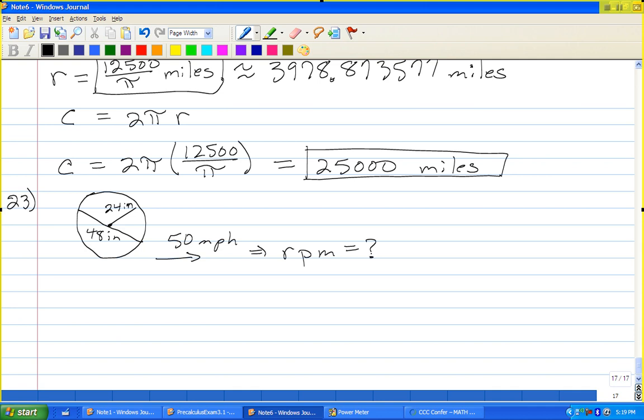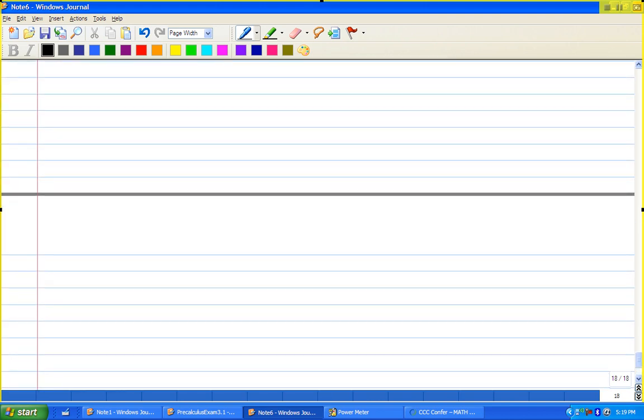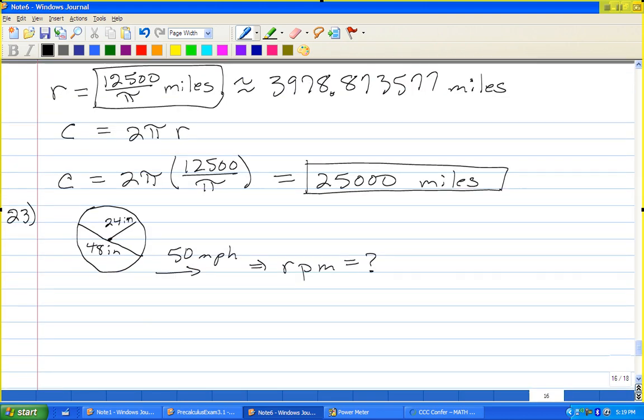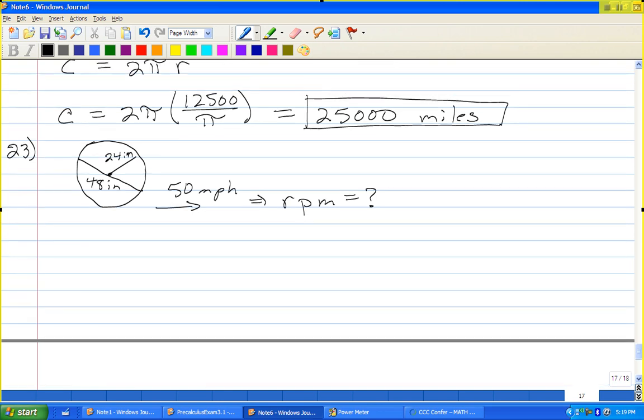Okay, so let's figure out that. So let's figure out the distance. Well, s, the velocity, is the distance over the time.